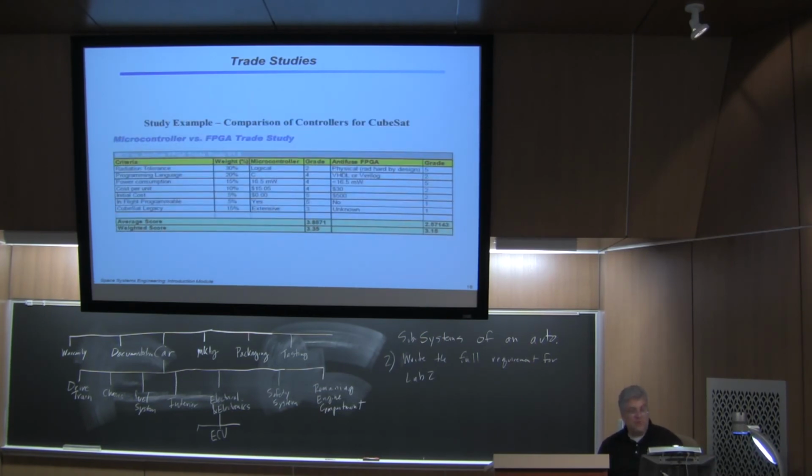Another example is to compare two different technologies in our field, microcontroller versus an FPGA. This is an example for CubeSat. You know what CubeSat is? Cube satellite. Many universities will build a small satellite, approximately 1 foot by 1 foot by 1 foot. It is literally a cube.